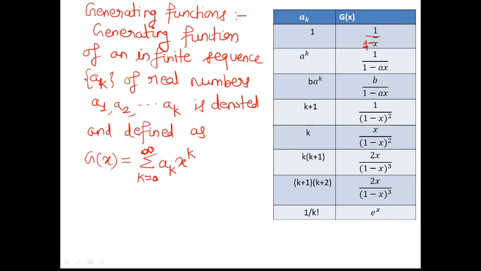Hence its generating function is b upon 1 minus a x. Likewise, if the general term is k plus 1, then its generating function is 1 upon (1 minus x) whole squared. So here I have listed all the useful generating functions for given general terms. One is expected to remember these if we wish to solve recurrence relations using generating functions.